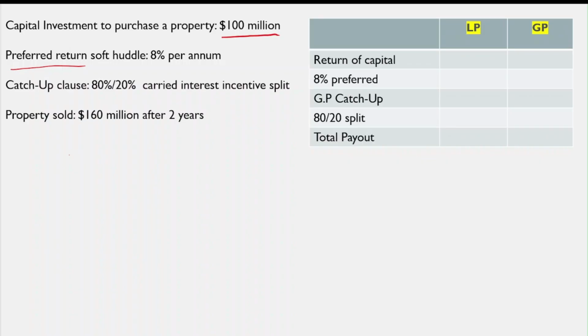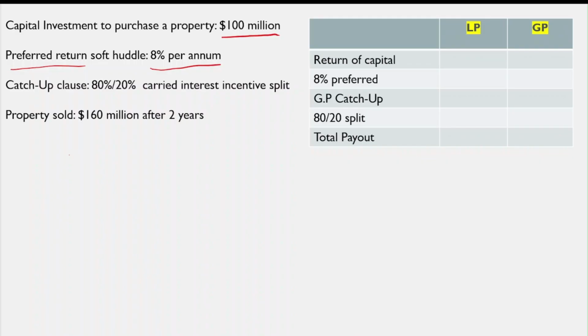As I said earlier, it's going to be a non-cumulative return. So we clearly see that the fund manager was able to meet the soft hurdle of 8%, right? The return was 27%. They were able to meet or beat the soft hurdle, so they will be qualified to have a catch-up.